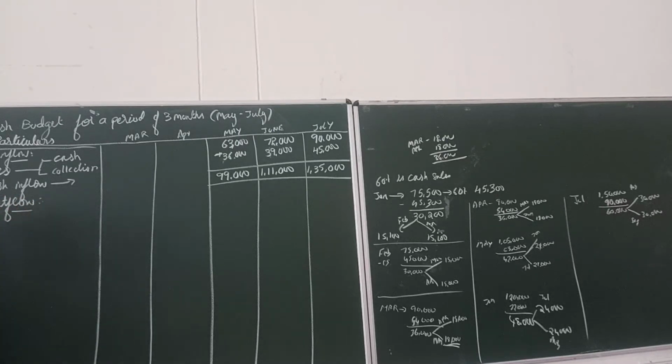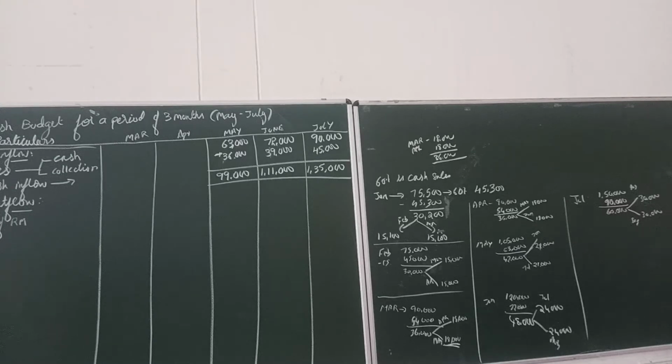So in cash outflow, always first you take the purchase of raw materials. What information do we have here? Cost of goods manufactured.